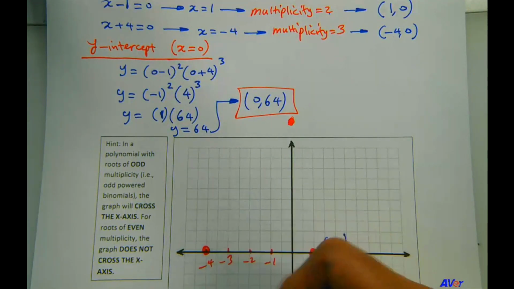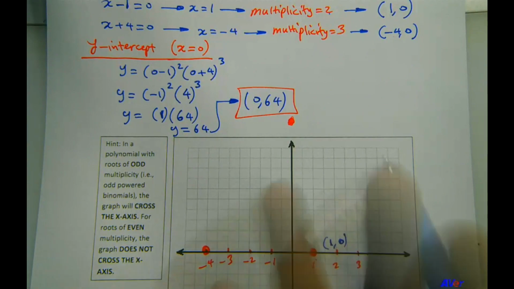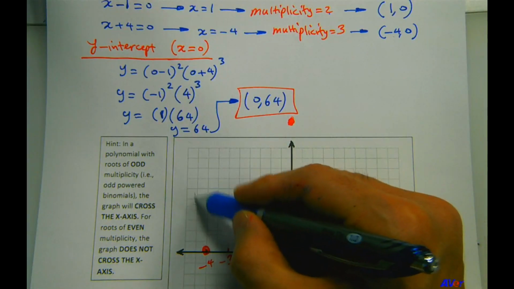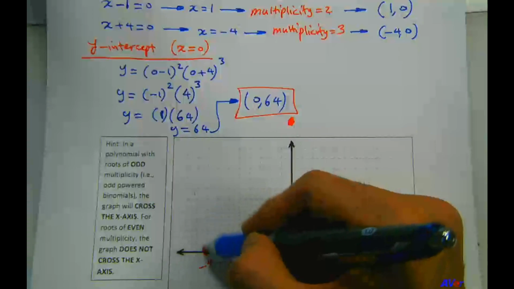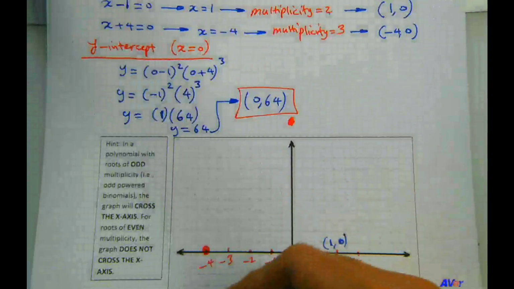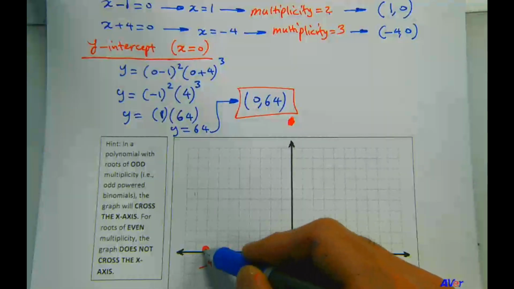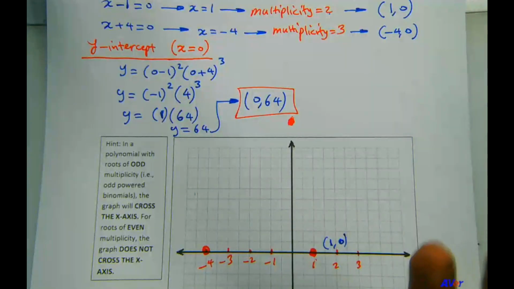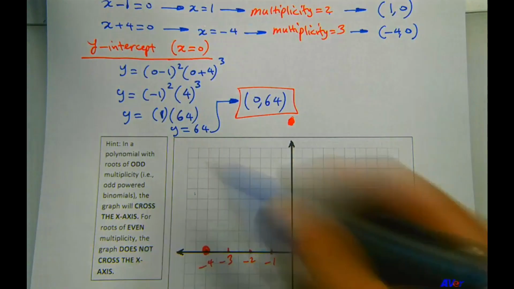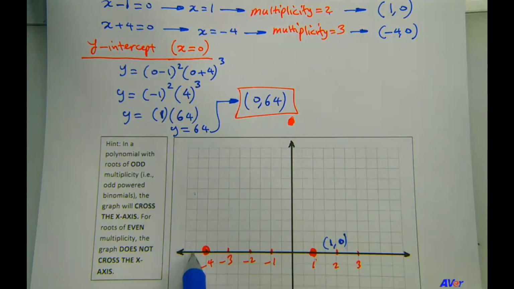It's going to cross the x-axis. But what I don't know is whether the line is coming from above here or from below. From which side, I don't know as of now. So I have to pick a test point. The test point would be some easy x value to the left of x equals negative 4.